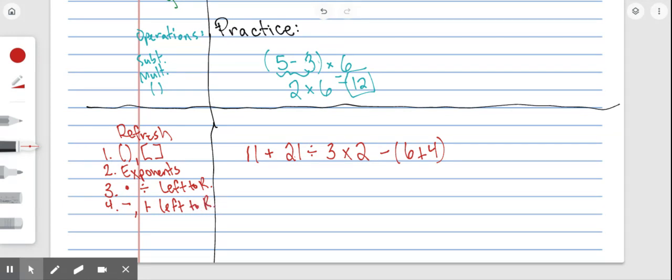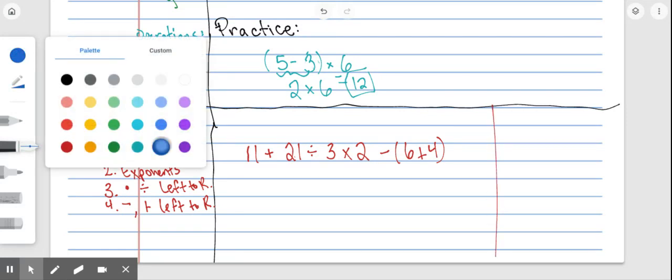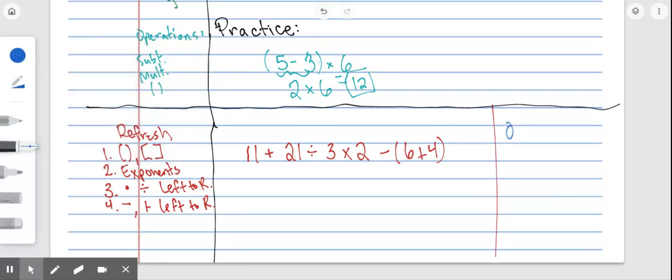All right, now that we have the refresh over here, we can write down all of the operations that we see here. In this expression, what operation is between the 11 and the 21? We have addition. What operation is between the 21 and the 3?